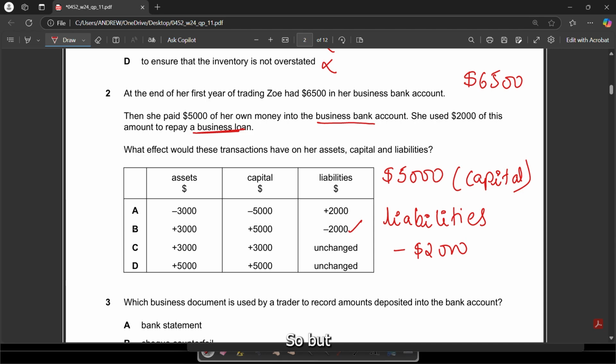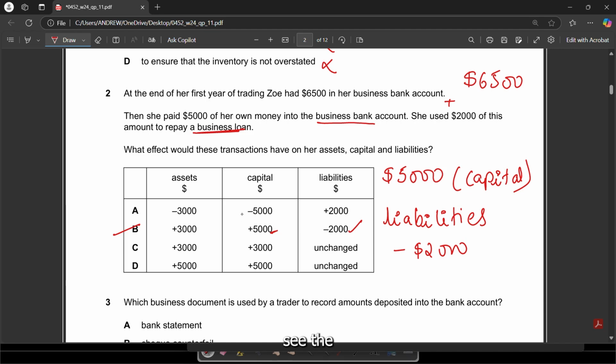But let's also calculate the other things, that is capital. As I said, 5,000 was introduced in the business bank account, so that means 5,000 was introduced as capital. That's why there is an addition of 5,000. Now in assets, already there was 6,500. By the way, bank we record under current assets.